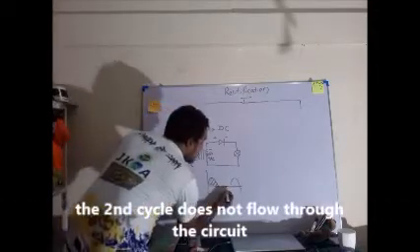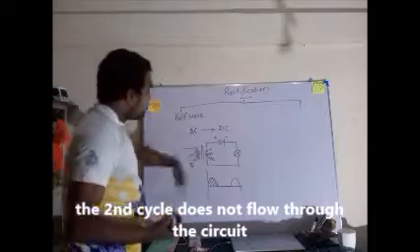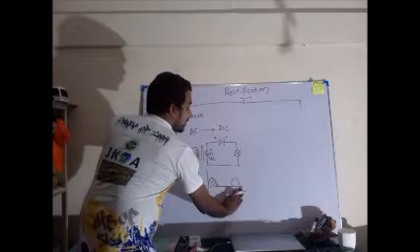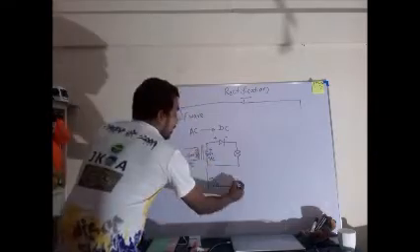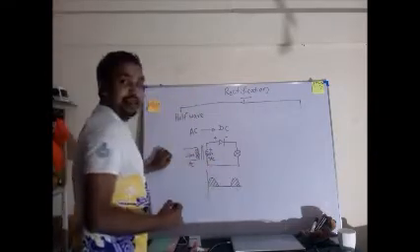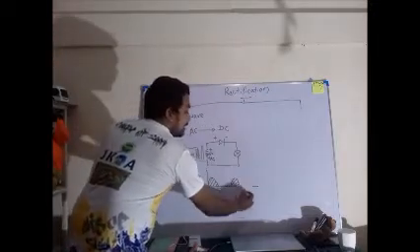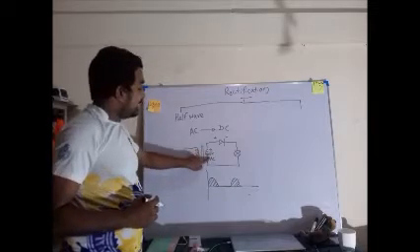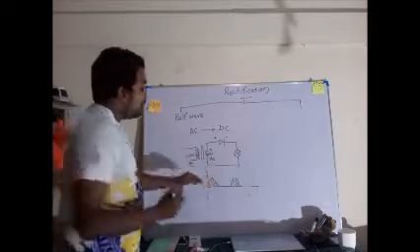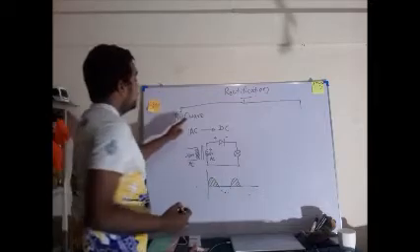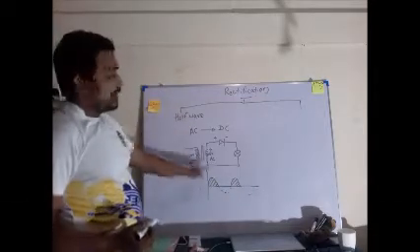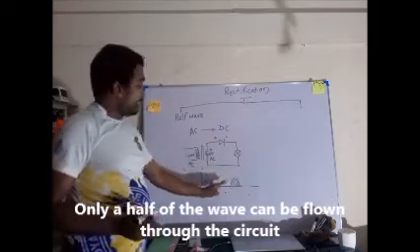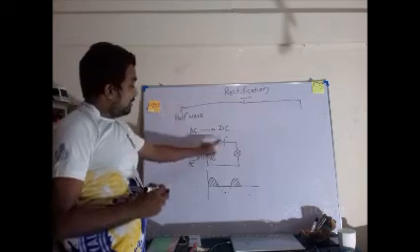It becomes 0. Once again, when this side becomes positive, another half wave can be made. What will happen next? Negative, positive. When it interchanges, only half of the wave can be taken. Look at the name. Half wave rectification. Only half of this full wave can be taken using one diode.